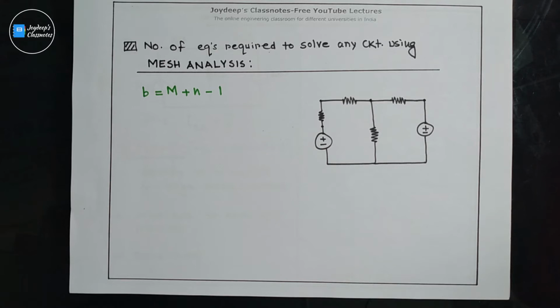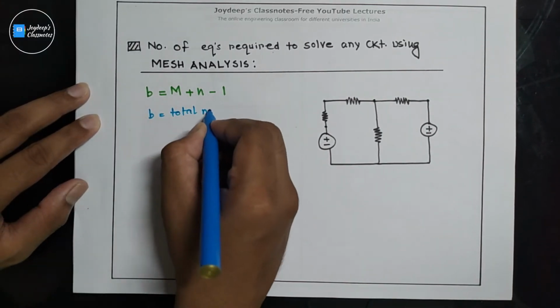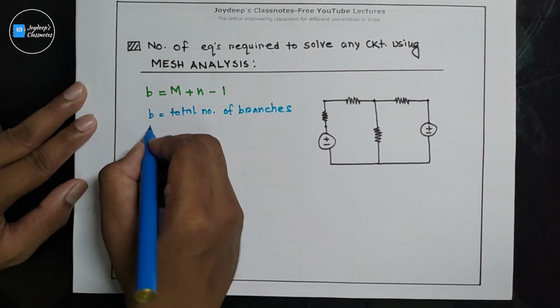Now as we already know, for nodal analysis the number of equations we need to solve is n-1. Similarly, we need to find out how many equations we need to solve if we solve a problem using mesh analysis. So we have this equation: B = M + N - 1. What is B? B is the total number of branches. What is M?